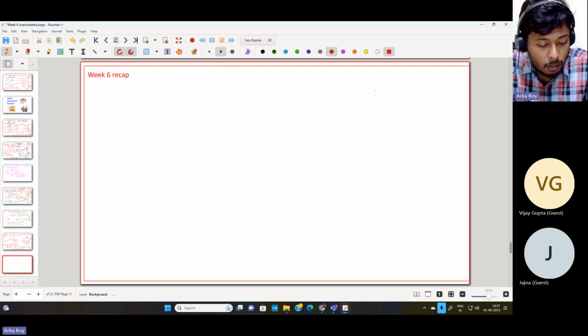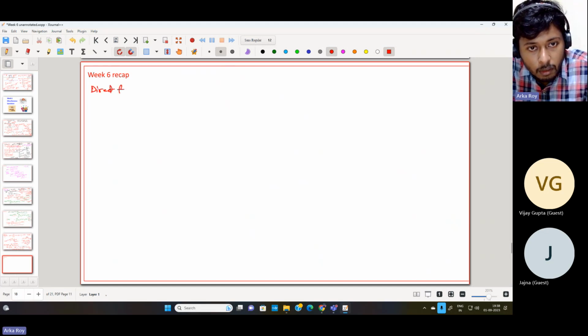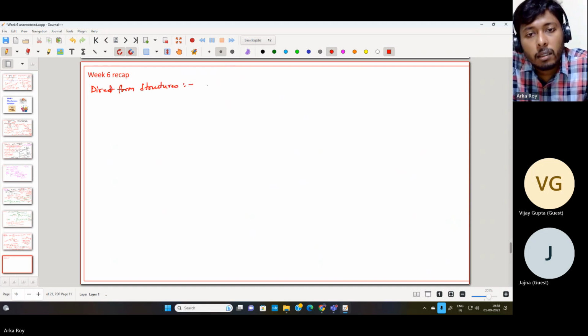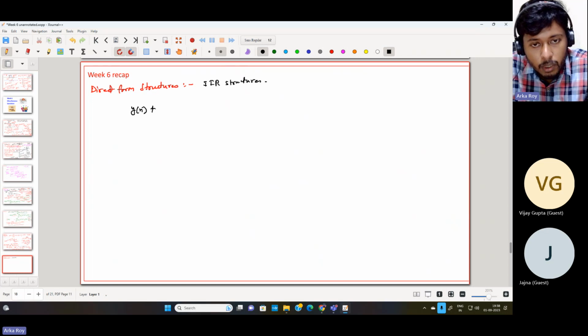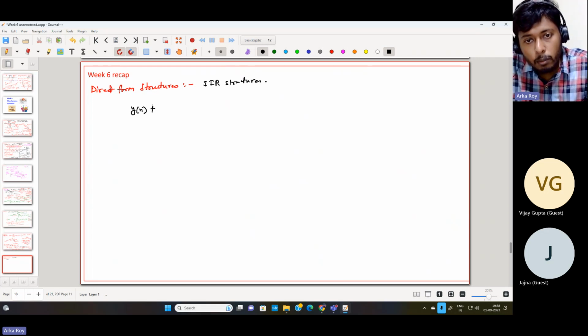Followed by that, we have some filter structures also, for example, direct form structures. We have already talked about FIR filters, so let's just move to IIR structures. As I already have told, in IIR filters the output is related with the previous outputs, the present input, and the previous inputs.